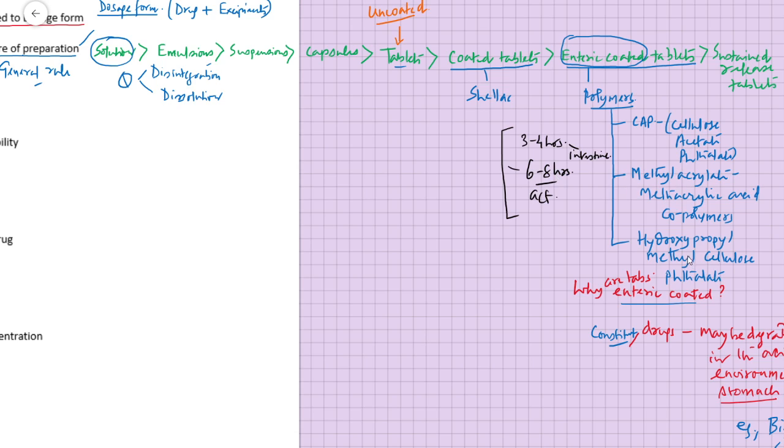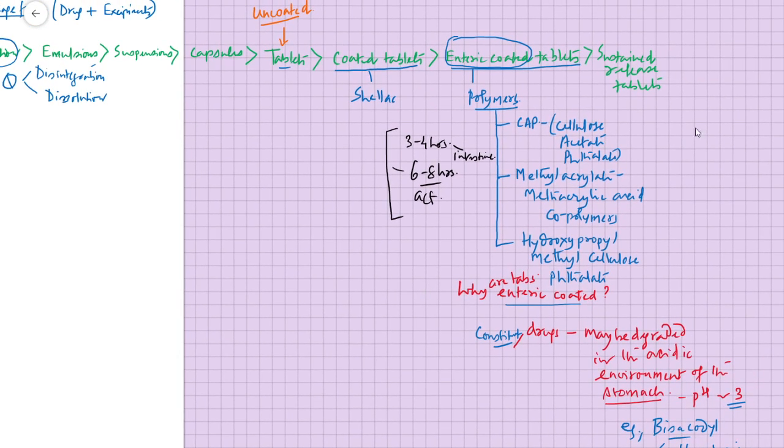The other thing is that in care homes especially, the elderly patients have this habit of breaking down tablets and crushing them and spreading them on meals, and then they consume it that way.